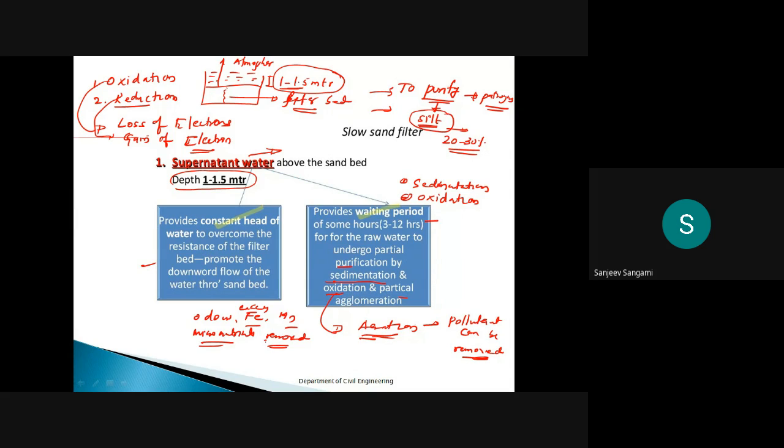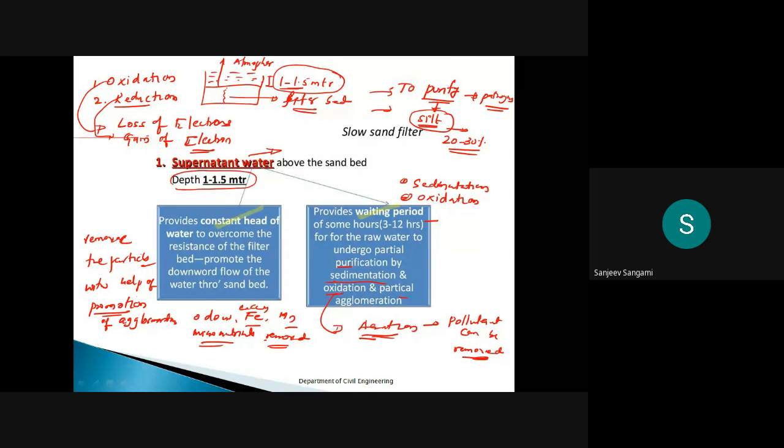Even if you keep it at this depth for half an hour or 1 hour, definitely we are going to remove the particles with the help of the promotion of agglomeration.